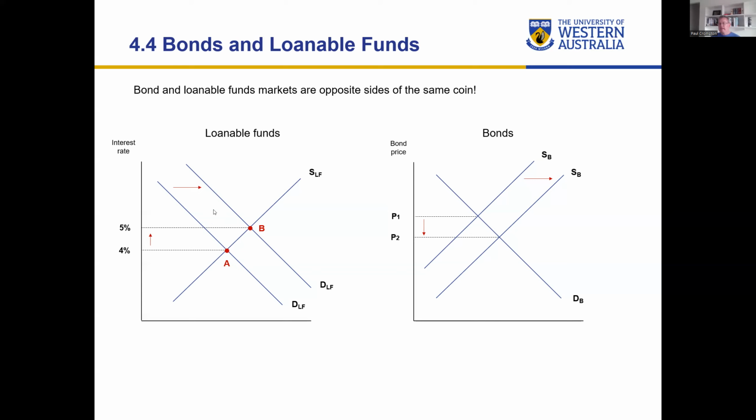But in demanding more money, which pushes the interest rate up, more bonds need to be supplied, which will push bond prices down. So we get this inverse relationship between bond prices and bond yields. Bond prices go down on the right because more bonds are being supplied into the market because people want to borrow more money. And as bond prices fall, because the coupon payment is fixed, yields go up.